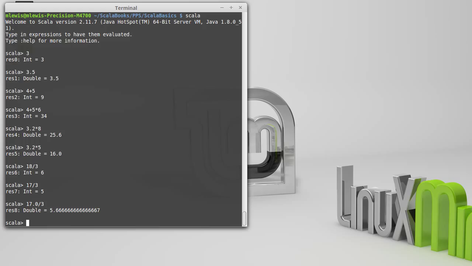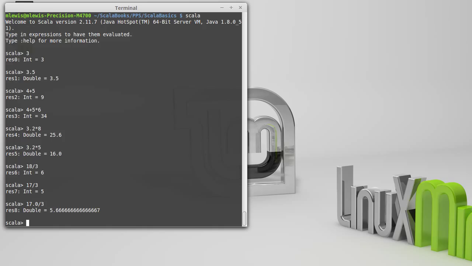Really what's going on here is we're going back to the division that you learned when you were first learning division, before you knew about the ability to express fractions or decimal numbers. At that point, if I said 17 divided by 3, you took the 17 and you grouped it into as many groups of 3 as you could. You found there were 5 groups of 3. But then there were 2 left over.